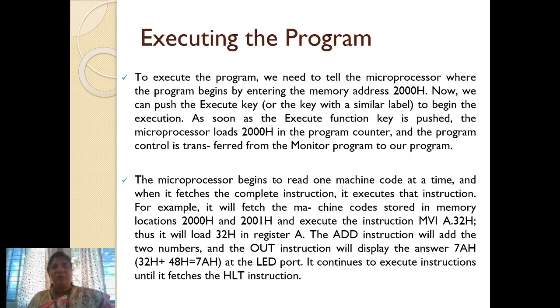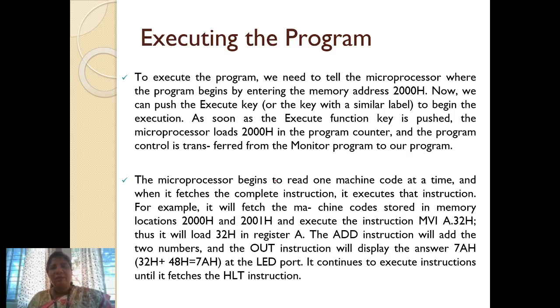The microprocessor will begin to read one machine code at a time, and when it fetches the complete instruction, it executes that instruction. For example, it will fetch the machine code stored in memory locations 2000 and 2001 and execute the instruction MVI A, 32H.